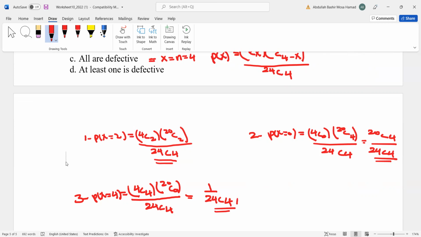For the last one, at least one, and we have X equal 0, 1, 2, 3, 4.